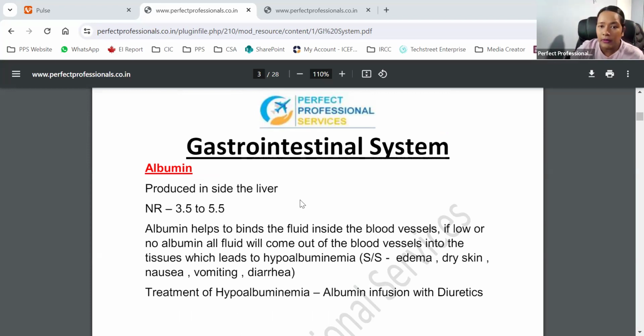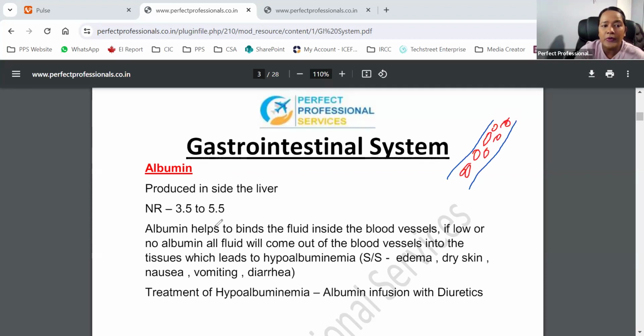Okay, these are our blood vessels. This is our blood running. We have cells and we have everything.